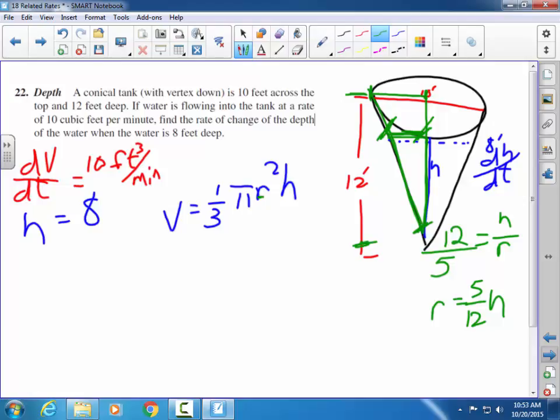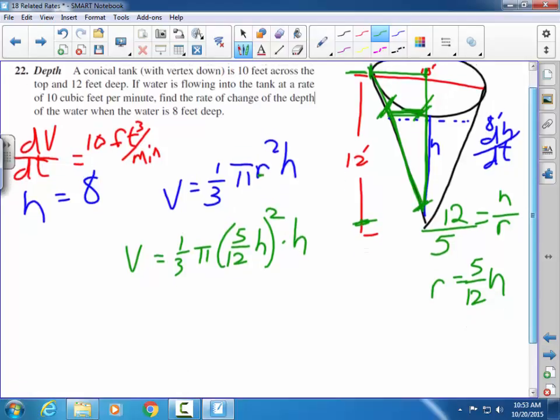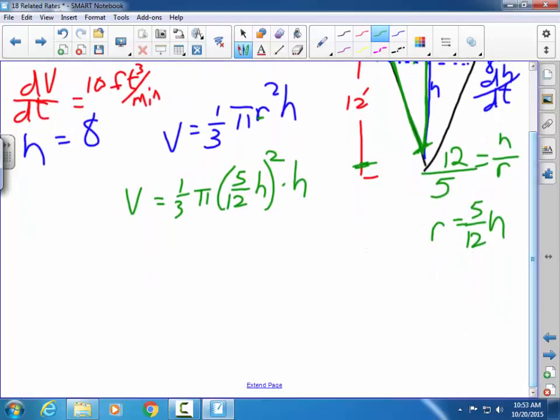So we're going to say that the volume is 1/3 times pi times 5/12 H quantity squared times H. Yes, that's ugly to deal with, but you are intelligent beings and you can solve that out. So I want you to take about 2 minutes and find the derivative of that right there. Derive both sides and come up with something to look at.